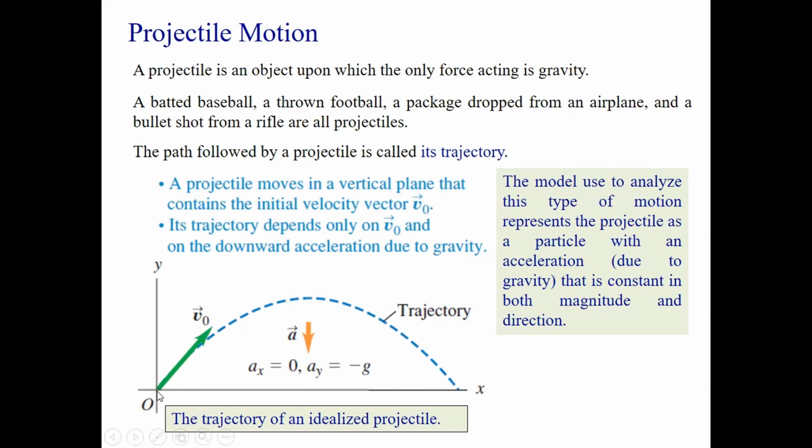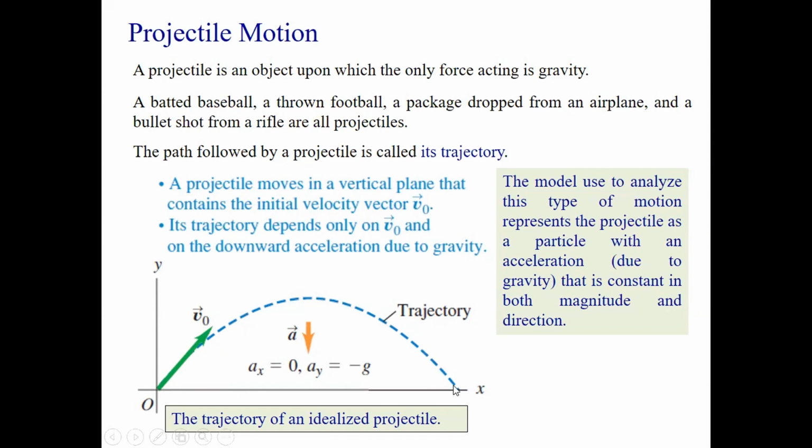When we throw the object, it starts from 0. It makes a certain angle, and its velocity at time t equal to 0 is the vector v0. Then it goes up, reaches a maximum altitude, comes back, and is dropped here. The total distance traveled can be termed the range.